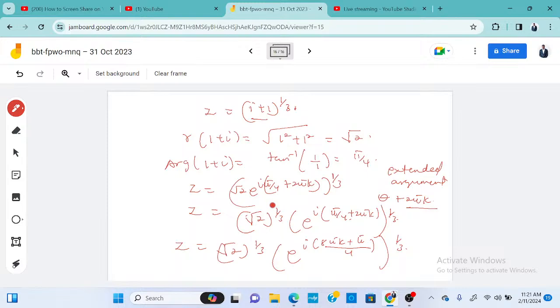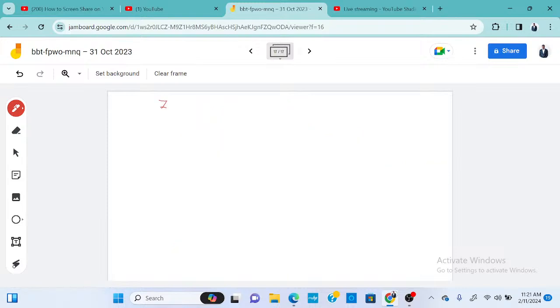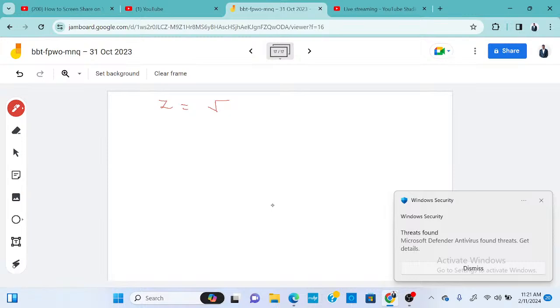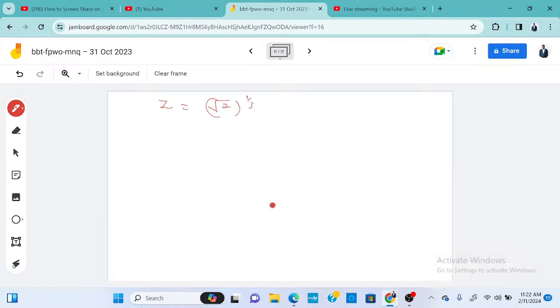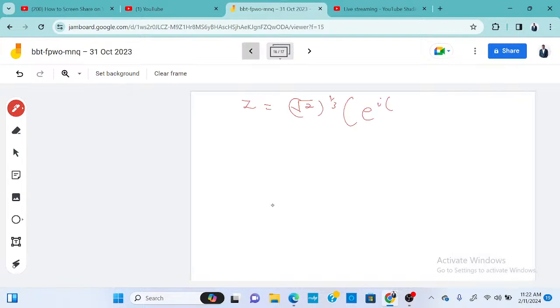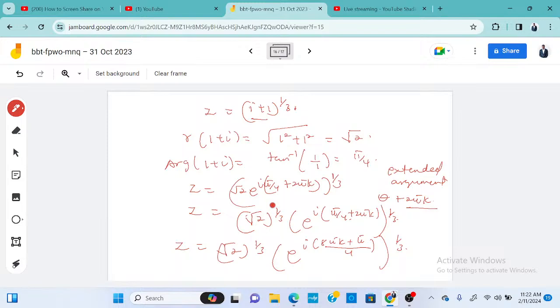I move to the other section so that I get my Z, which is equal to the square root of 2 all to the power 1 out of 3 multiplying the expression e to the power i. So here I had (8 pi k plus pi) all on 4, all multiplying 1 out of 3.